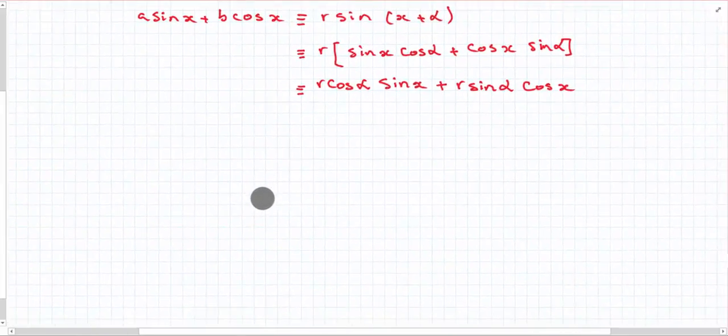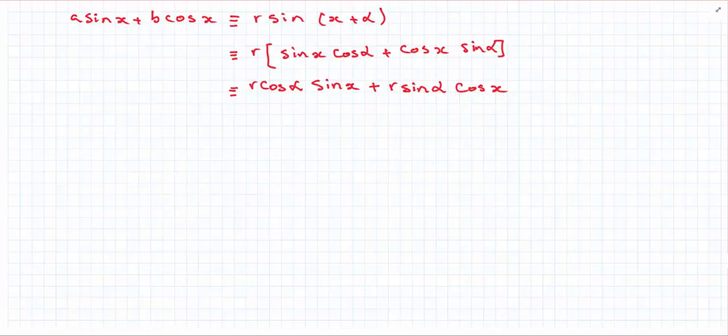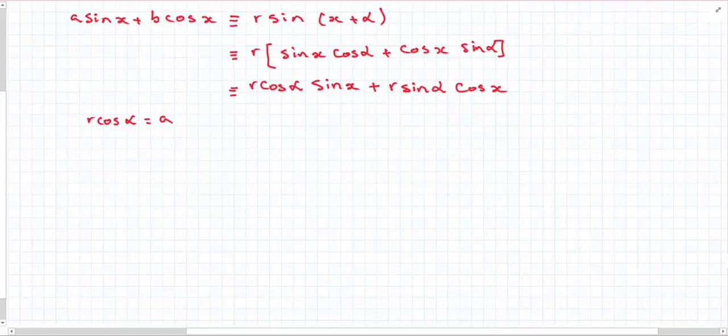So for this identity to be true, r cos alpha must equal a, and r sine alpha must equal b. Well, that tells me that cos alpha is a on r, and sine alpha is b on r.